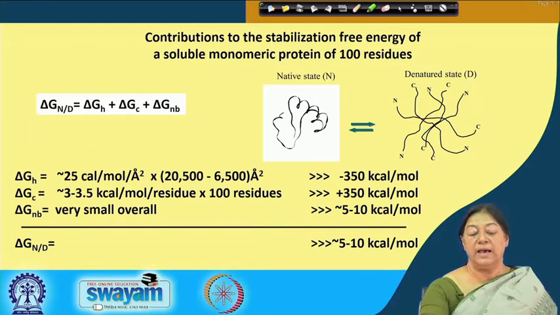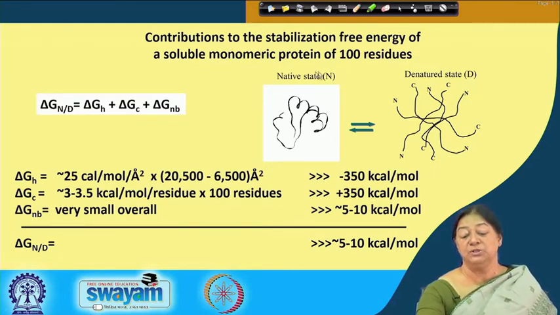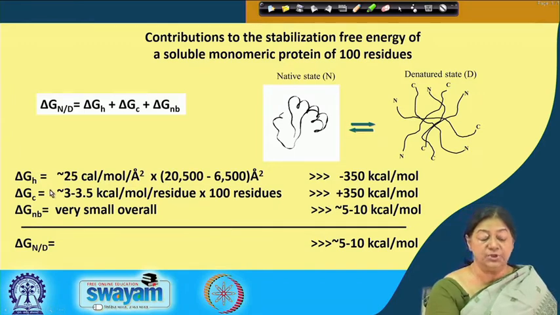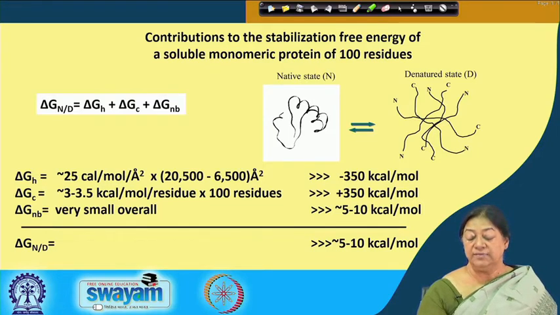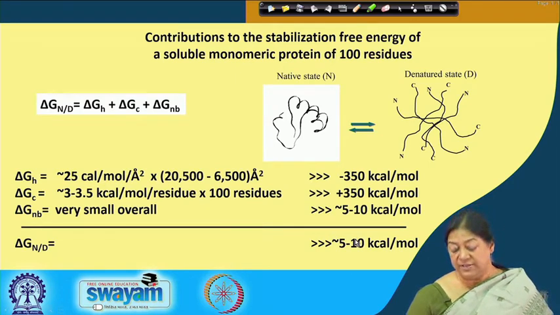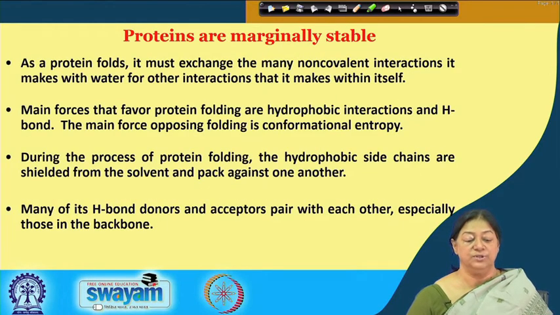So, if we look at what the values are going to be approximately for a protein of 100 residues, if we look at the delta H contribution from the different types of contribution, the non-bonding, the covalent, the hydrogen bonding, then we will get a value, that is the overall delta G, which is going to be a very small value, because we have the T delta S that is a positive quantity, we have the delta H that is a negative quantity, which renders the delta G a small negative quantity.